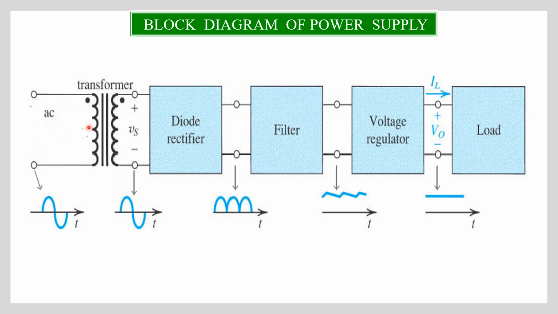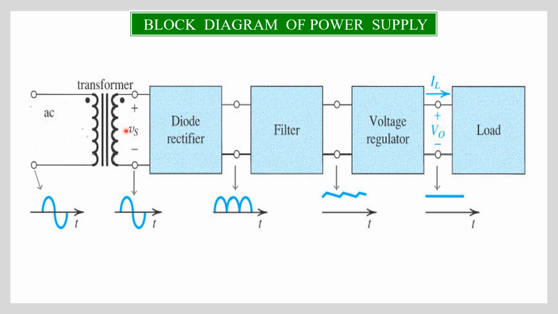Now a transformer changes the AC voltage based on the number of turns of the primary and secondary. We have seen one formula: Np upon Vp is equal to Ns upon Vs, the relation between number of turns and voltage.